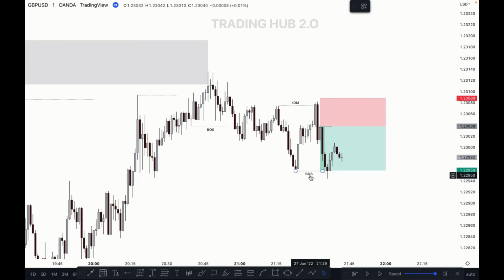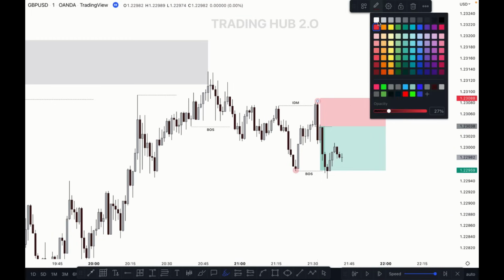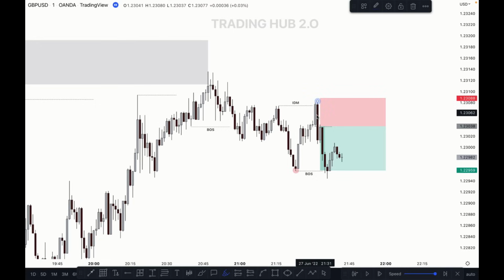Why is this a structure? Because the market took out this first inducement. So after taking out this inducement, this low is confirmed here, and this high is confirmed here. So this is our new structure, and in this case the market did not close below it.